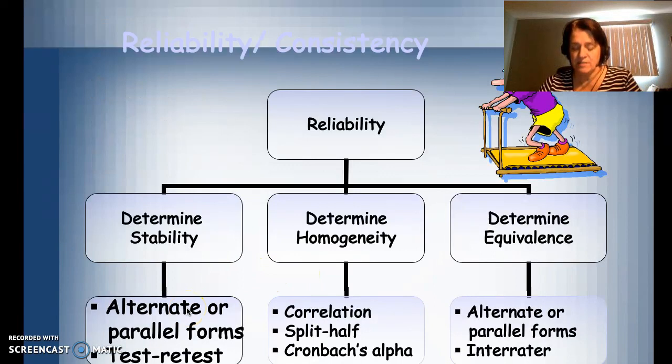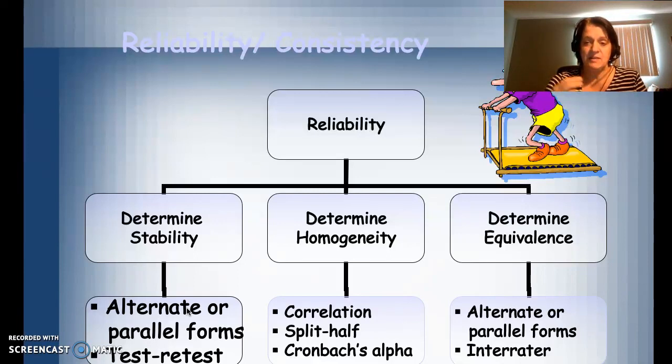Stability is often determined by looking at alternative or parallel forms of a test and comparing participants' responses on the instrument they want to use with an alternative or parallel form. So for example, you're comparing your short form of a survey with a longer version of it.